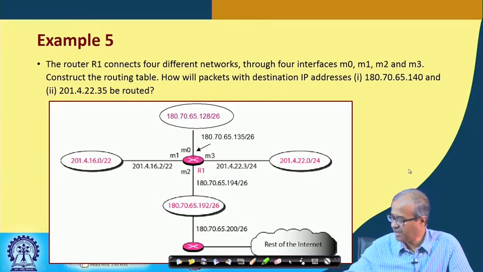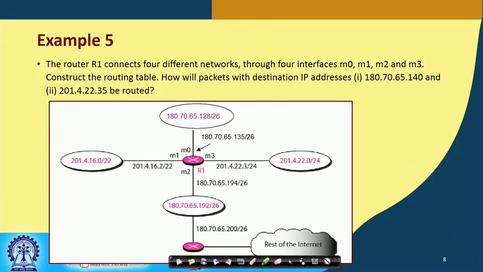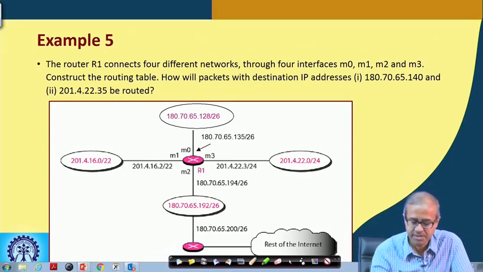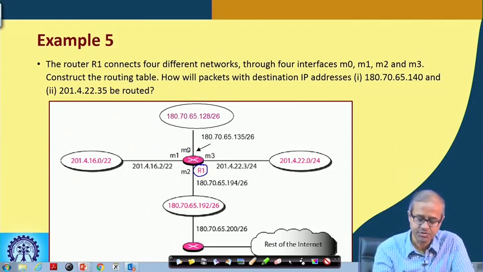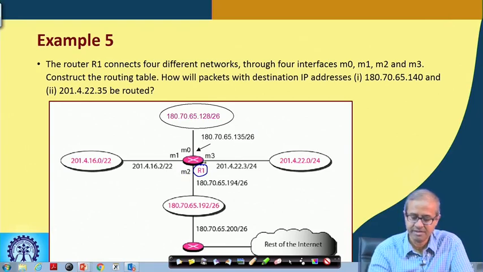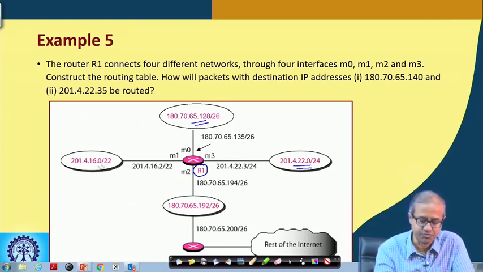Let us take one last example. Here we consider a router R1. This is our router R1. As you can see, there are 4 interfaces M0, M1, M2 and M3, and these are the networks it is connected to.